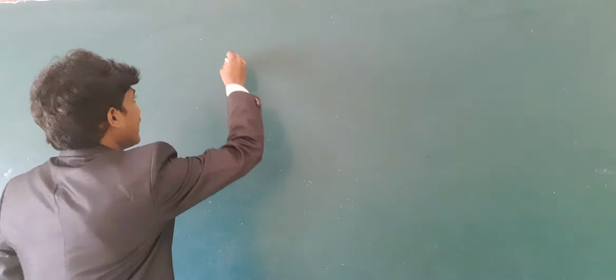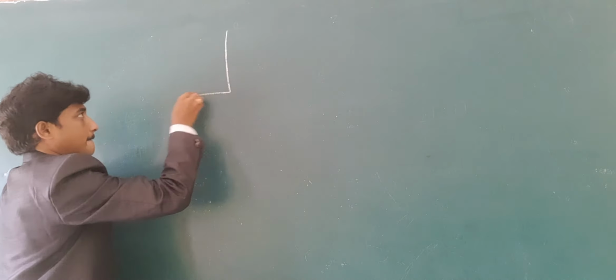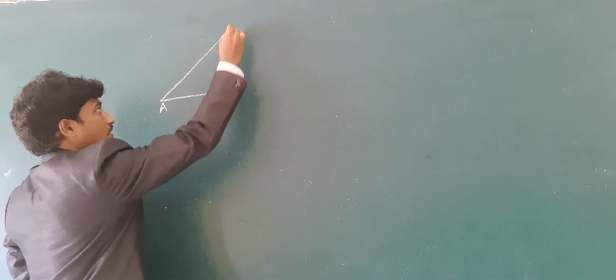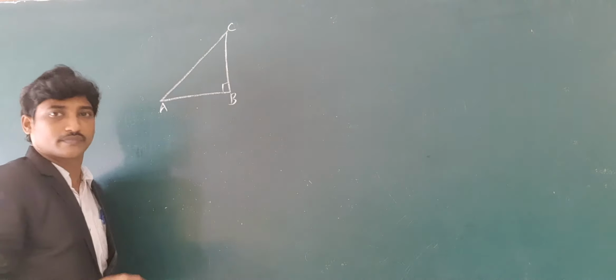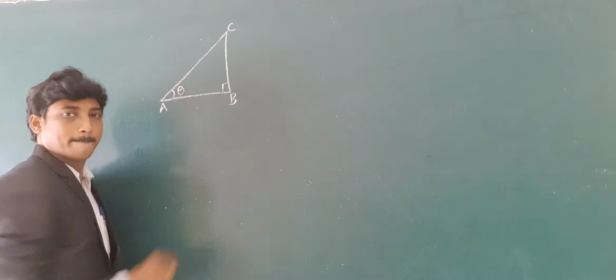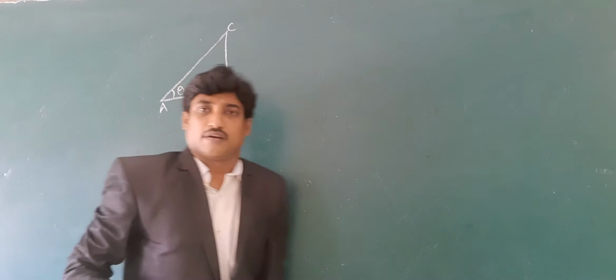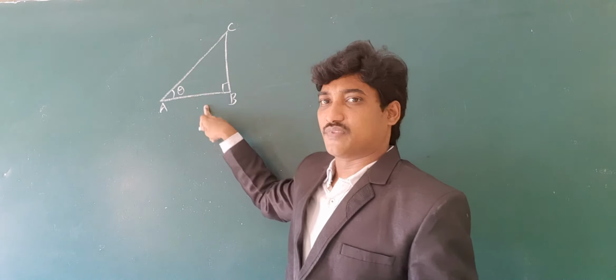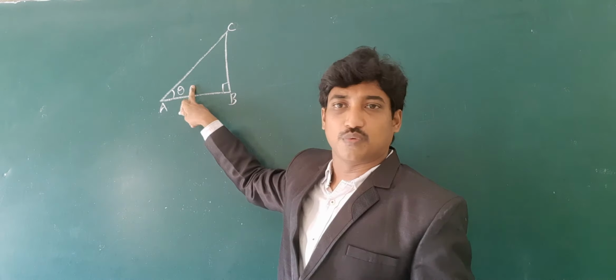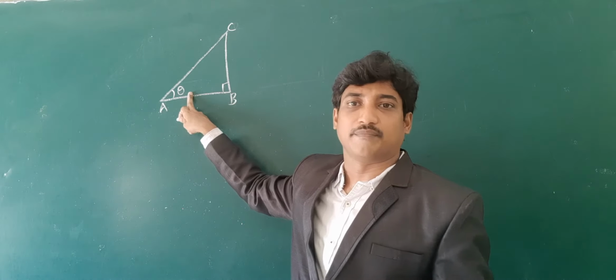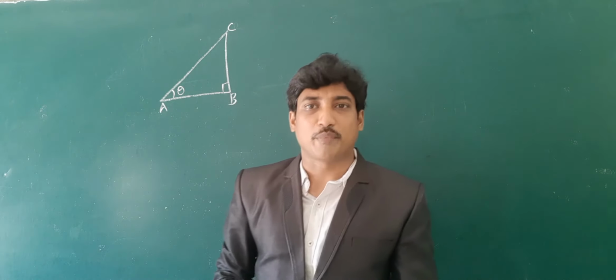I am taking one right angle triangle ABC, right angle at B. Let me take the measure of angle A as theta. Ratios of the lengths of sides with respect to acute angles in the right triangle are called trigonometric ratios.